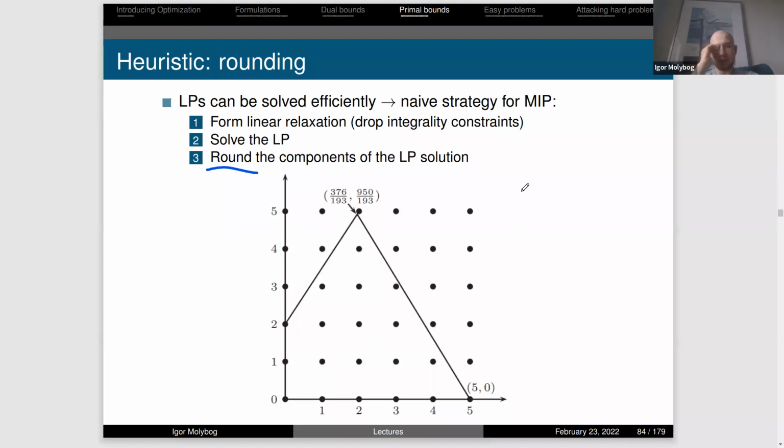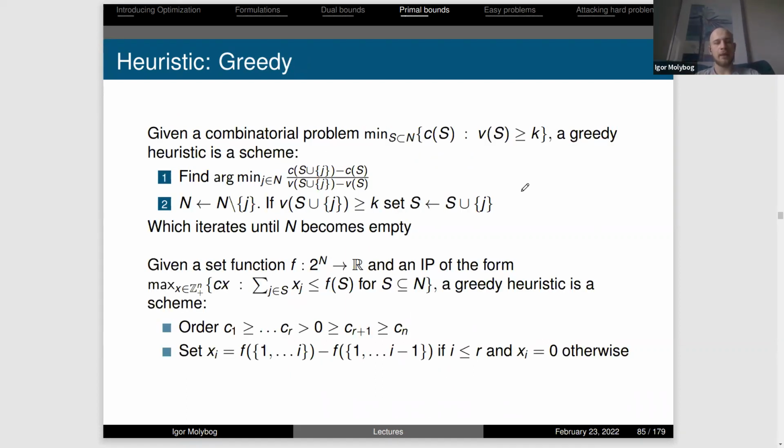It's obviously a heuristic, because it's not guaranteed to bring you a feasible solution at all, but first of all, you can make it more complex so that it works more often, and there are in fact a lot of examples of problems where even this simple heuristic actually works very well.